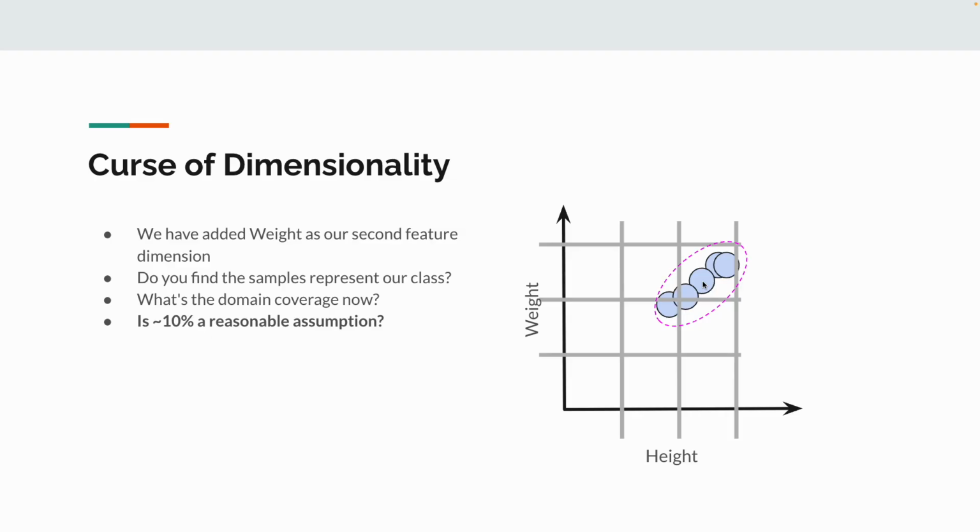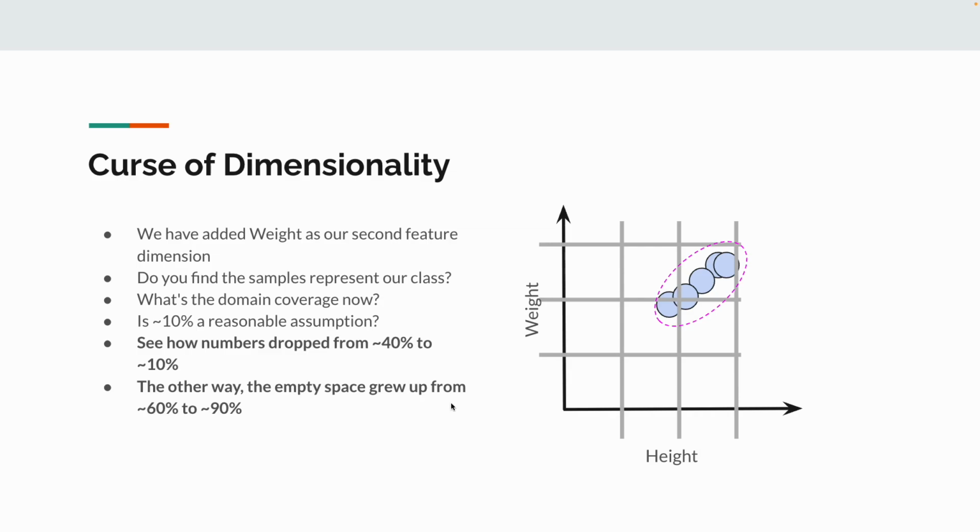Let's assume that we are covering 10% of the two-dimensional space here, okay? So we can quickly see that the coverage dropped from 40% to 10% when we increased our number of features from 1 to 2, okay, right?